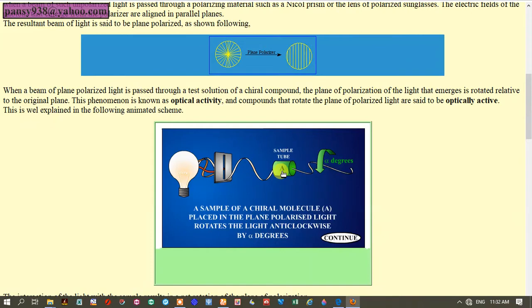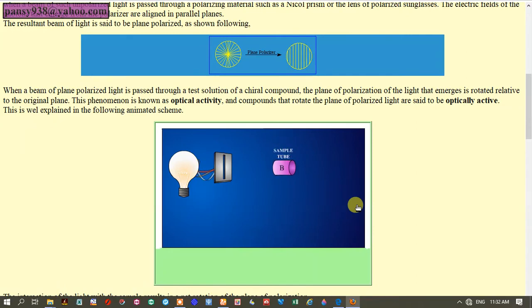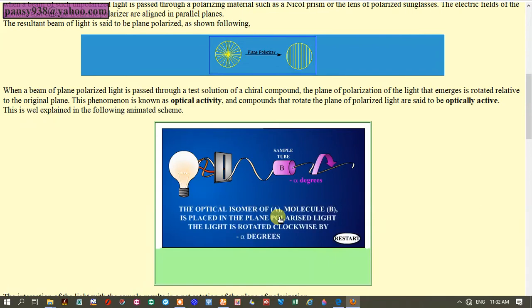This is for the sample A in the sample tube, and when the same light is passed through the sample B, which is the optical isomer of A, it rotates the light in the negative alpha direction.